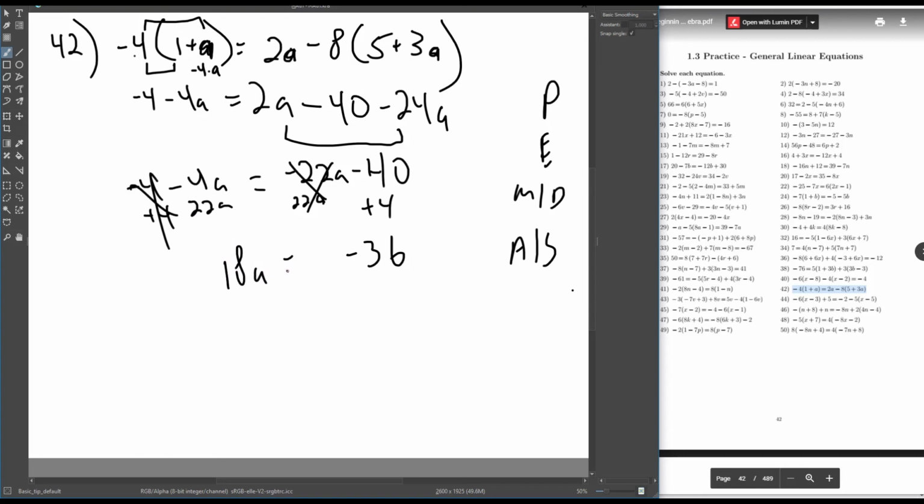So, we have to isolate a. Means we divide by 18, right? 18a is really 18 times a. Well, if you divide by 18, you're left with a. So, this equals a, and minus 36 divided by 18 equals, very quickly now, minus 2. Is that the right answer? Yes, it is. Bueno, bueno.